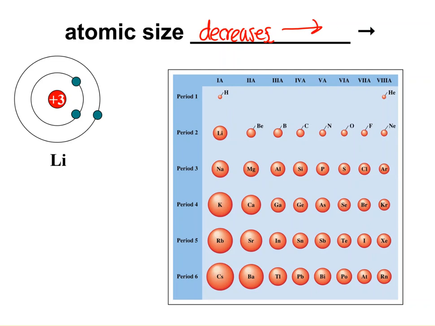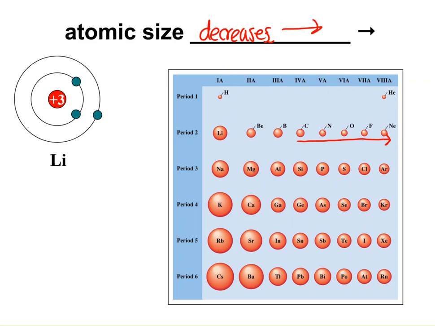These are the atoms in the main groups that are on the periodic table, and so some that you're very familiar with. Here's carbon. These are harder to tell, but carbon, nitrogen, fluorine, neon, in that row, that period, they get smaller as you move to the right.